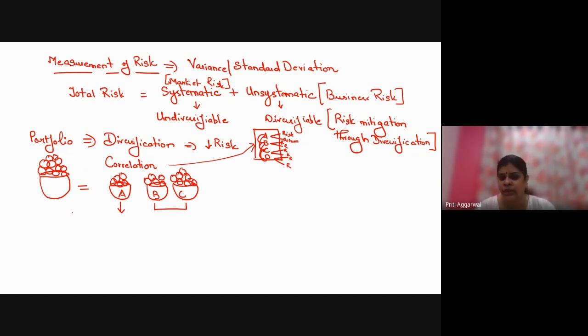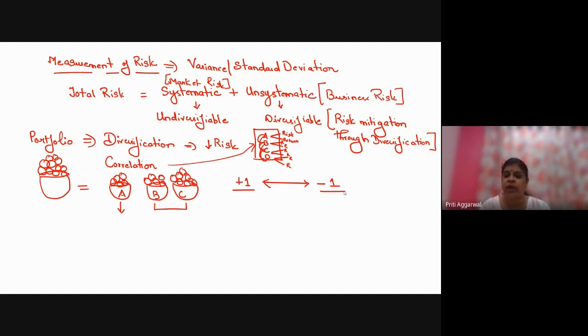So in his theory, the Markowitz portfolio optimization theory, it clearly defines the correlation if we have to diversify. The correlation between two securities, we all are aware, will be between +1 and -1, right? So there can be a perfect positive correlation between the securities, or there can be a perfect negative correlation between the securities.